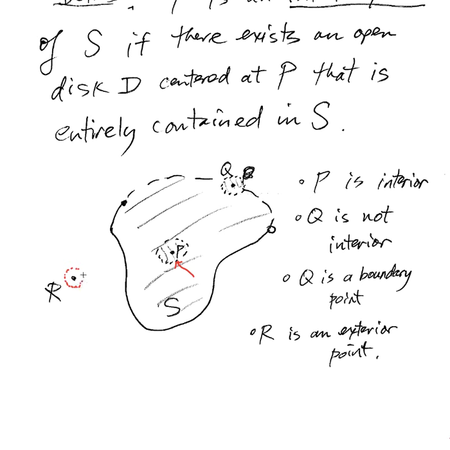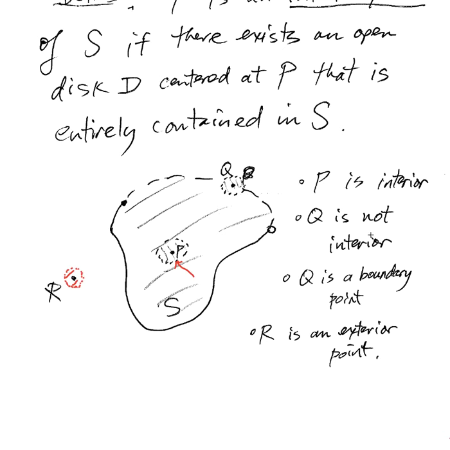Here I'm continuing everything inside that open disk. You see, this open disk has nothing whatsoever in common with S. It doesn't overlap S at all. R is what we then call an exterior point.